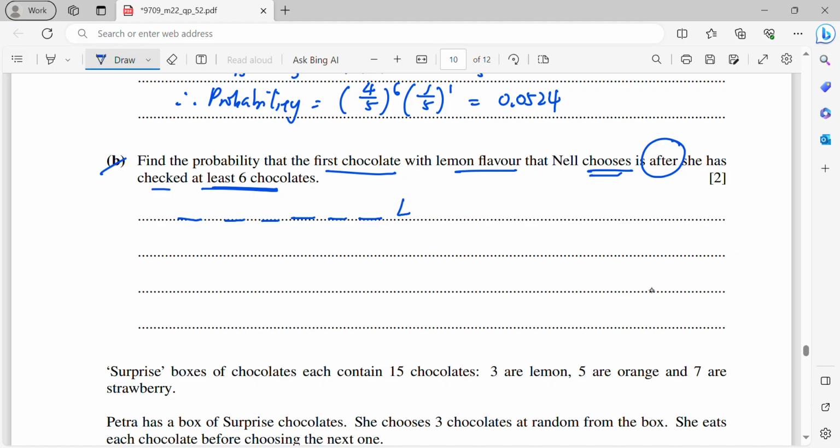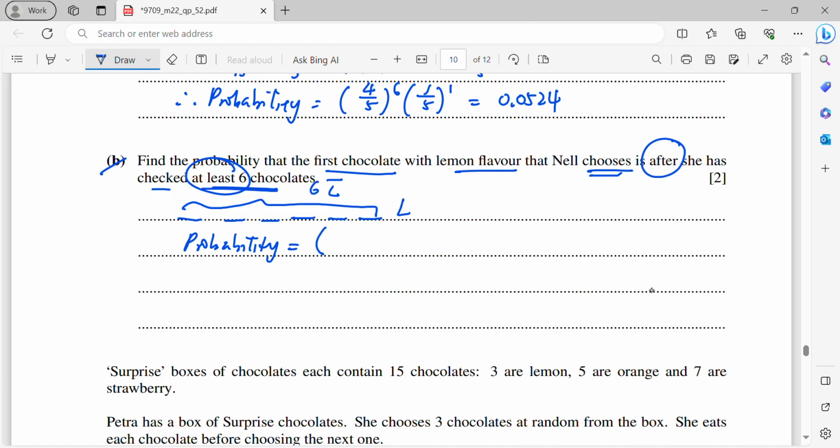That means the first 6 are not lemon flavor, right? Because it's mentioned at least 6, I'm sure that after she has checked at least 6 chocolates, then only she found the lemon flavor chocolate, which means the first 6 must not be lemon. I'm confirmed. Okay, first 6 not lemon chocolate.